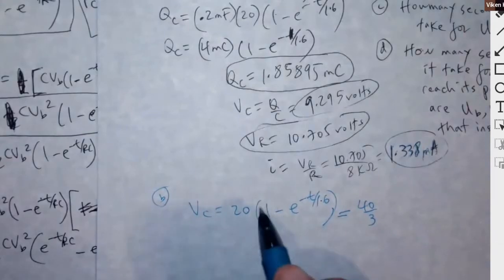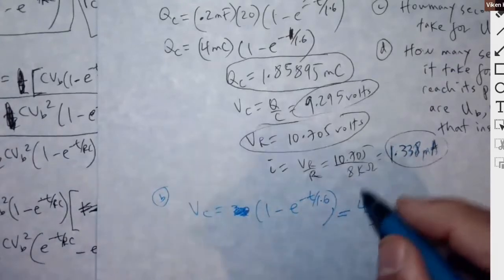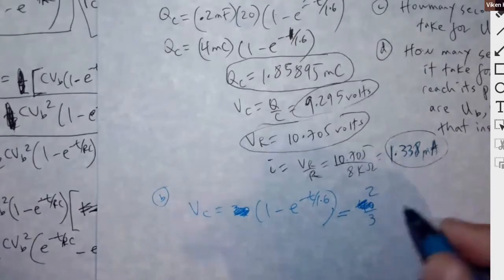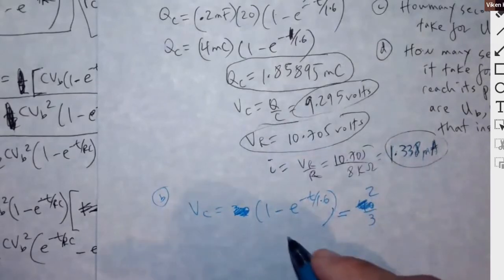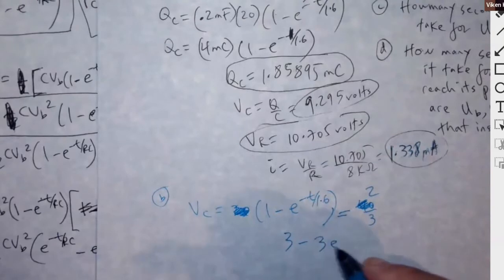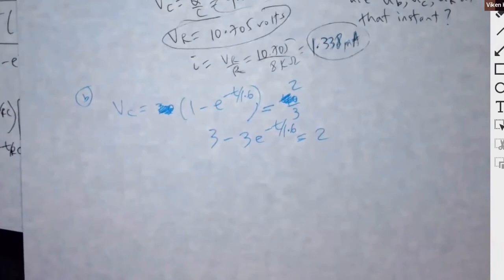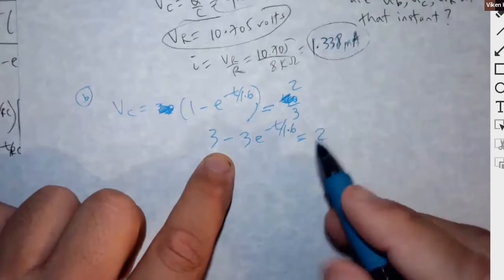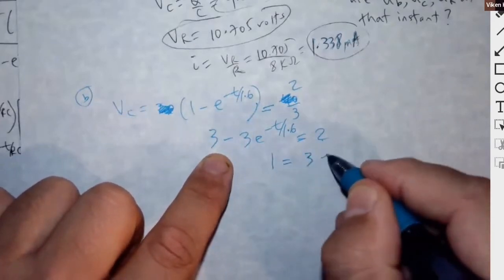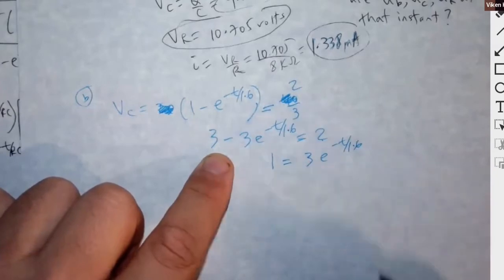So then we can solve for t right here, right? This is 2. And cross multiply the 3. All right, so then 3 minus 2 is going to be what? 1 is 3 e to the minus t over 1.6.